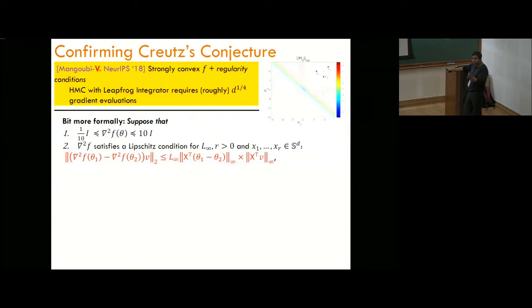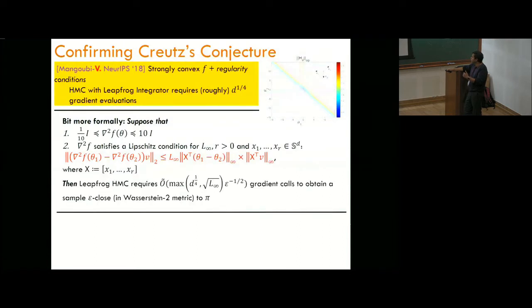So you're given x1, x2, xr. And the condition says that as long as the Hessian is smooth or has a small Lipschitz constant with respect to a set of random vectors, then we can get a bound which grows like d to the 1/4 and also the square root of L infinity.